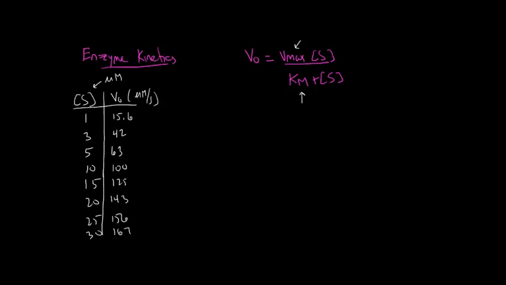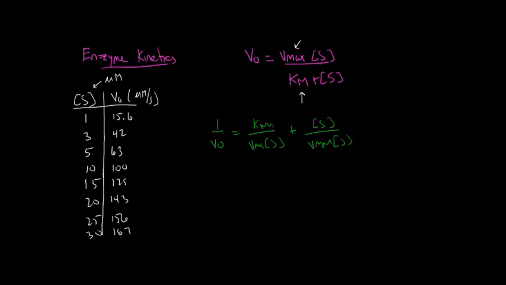So the approach we're going to take is to take the inverse of both sides. We're going to flip both sides, and we're going to end up with 1 over V naught equals Km divided by Vmax times the substrate concentration, plus the concentration of substrate divided by Vmax times the concentration of substrate.